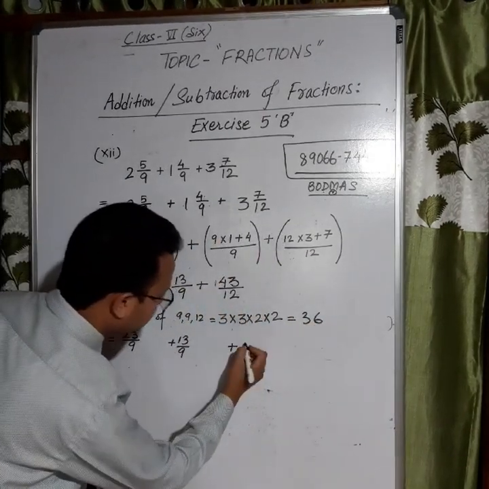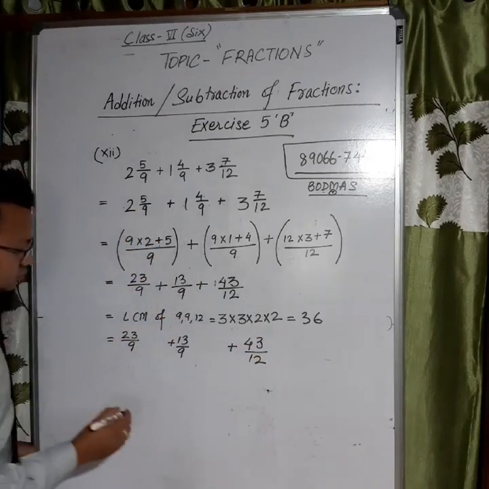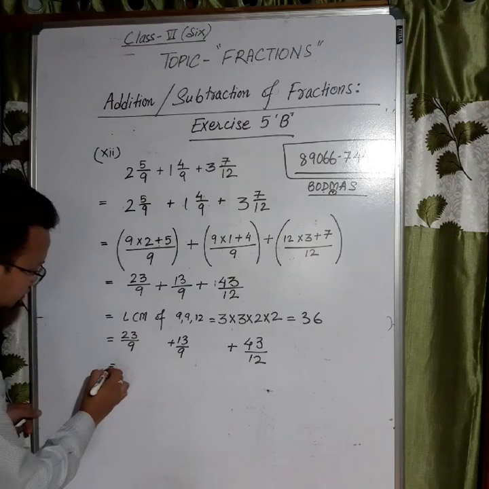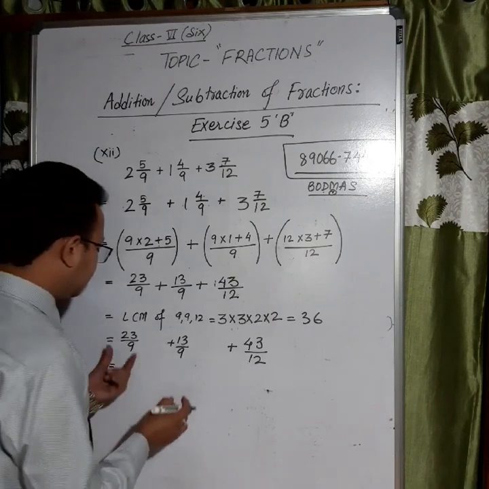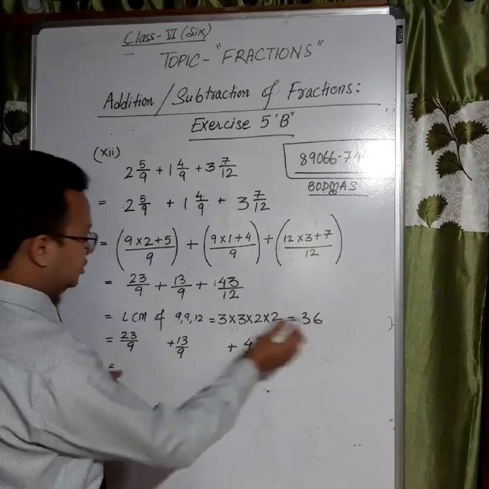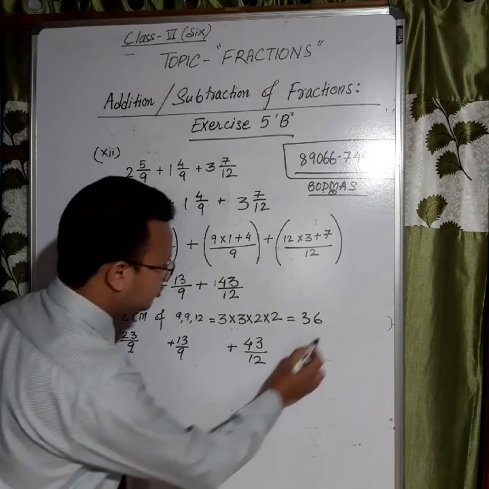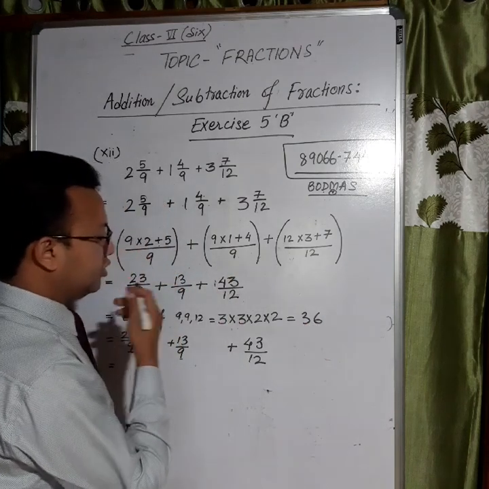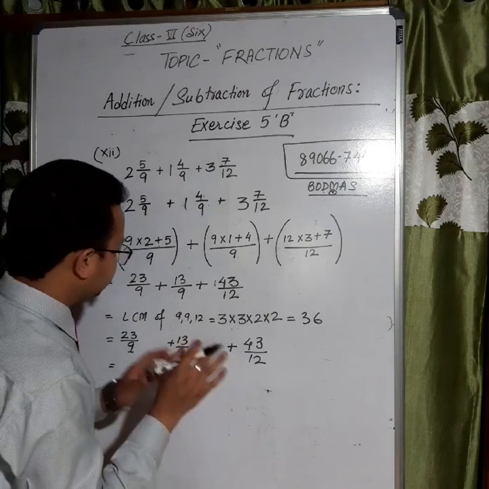Give it a gap, 43 by 12. So now what we do is that we need to convert this denominator, that is 9, 9 and 12 to 36. Why? Because we are trying to make it as common denominators.